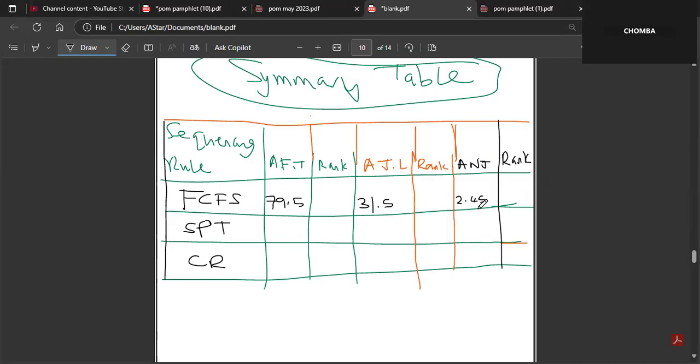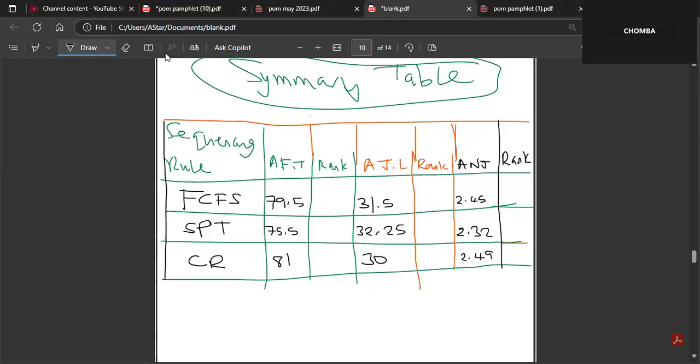So for shortest processing time, it is 75.5. Then this one is 32.25. And then this is 2.32. Critical ratio is 81, 32.49.